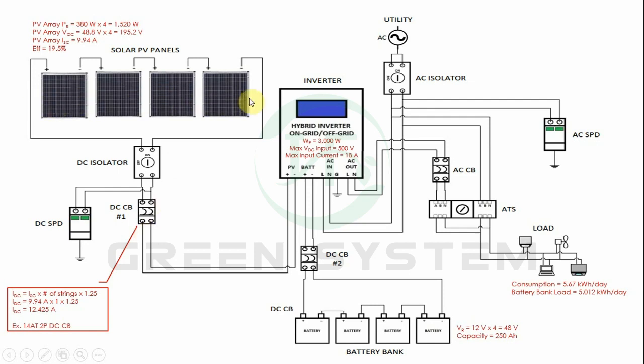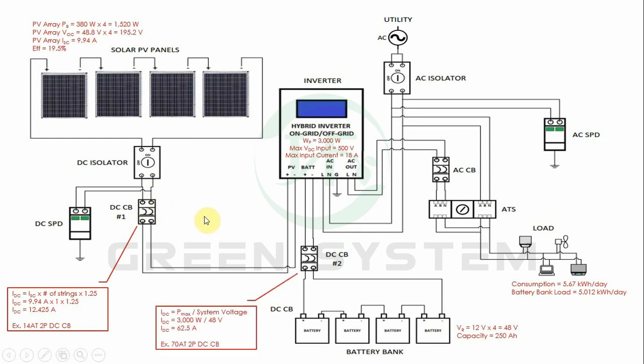In this case, we only have one string of solar panels, and multiply that by 1.25 as the buffer. So the current flowing through here is 12.42 amperes. In this example, we'll choose 14 ampere trip 2-pole DC circuit breaker.